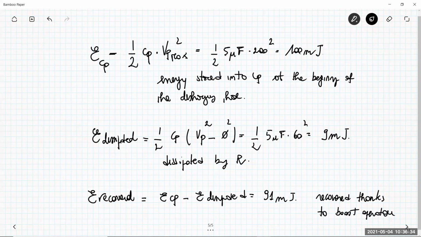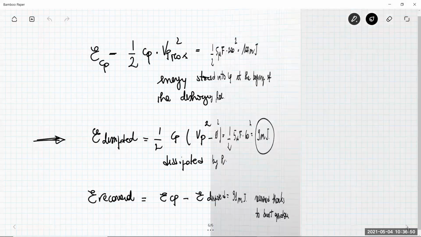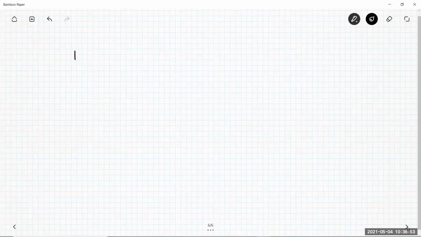Anyway, for computing the power dissipated by the resistance R we just added, we have to consider the dissipated energy, which is 9 millijoules here. And so we can consider that the average power across the resistor is the energy dissipated, as we are computing the average power over T cycle.